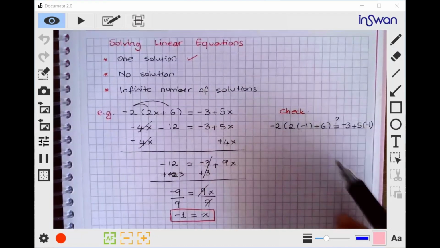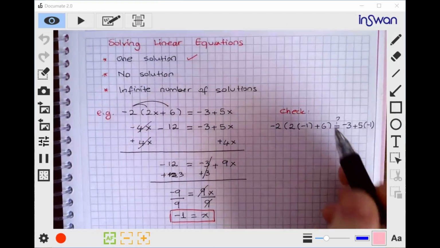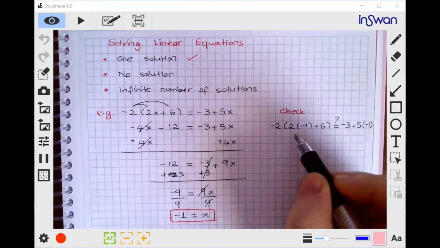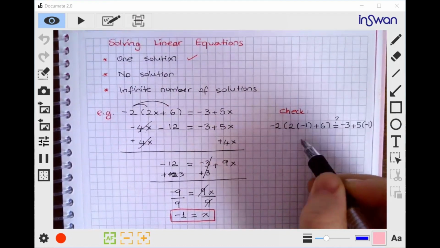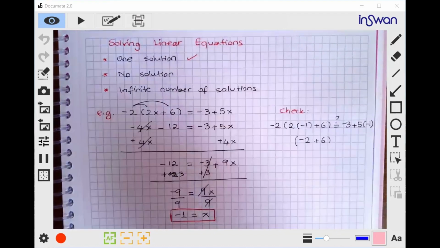We will carry out the operations on each side and see if they end up being equal, if they simplify to the same number. 2 times negative 1 is negative 2, plus 6 inside the parentheses.